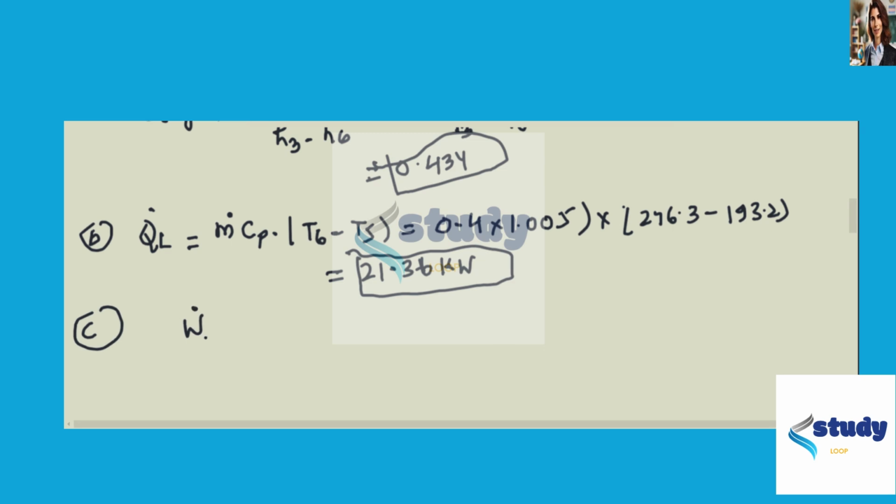Power input of compression is mass flow rate times specific heat of air times the change in temperature from first to second state, that is T2 minus T1. Mass flow rate is 0.4 kg.